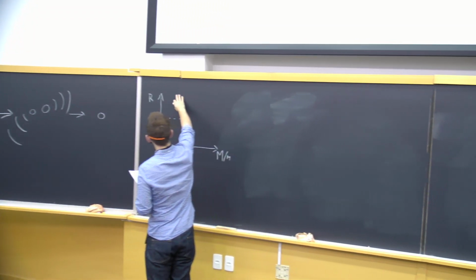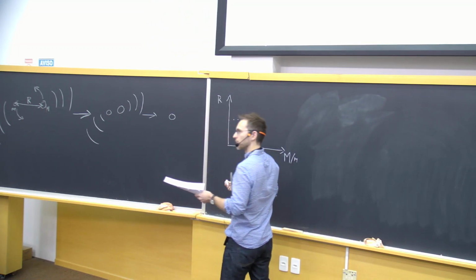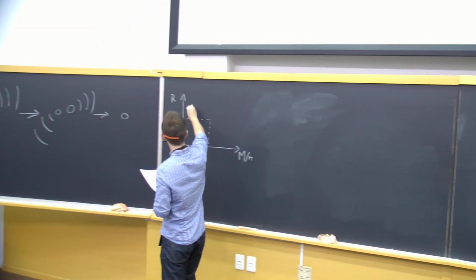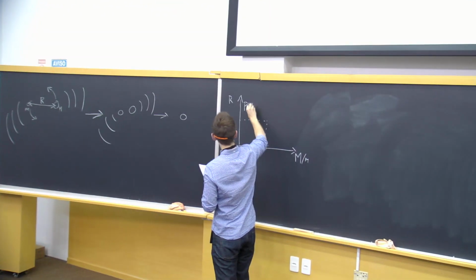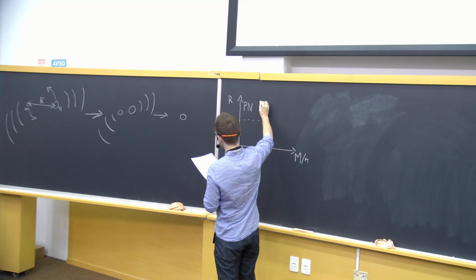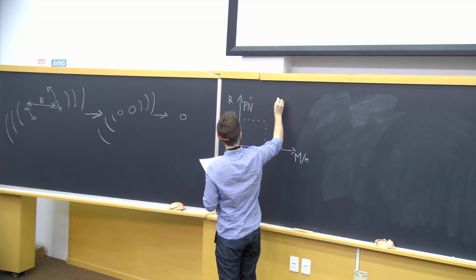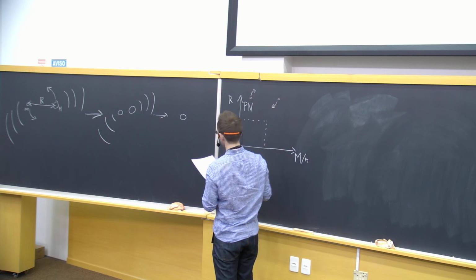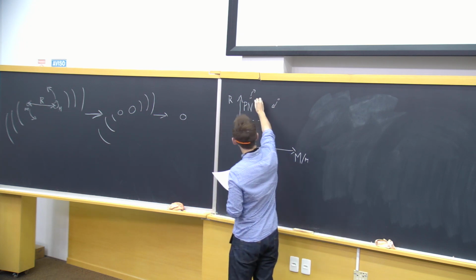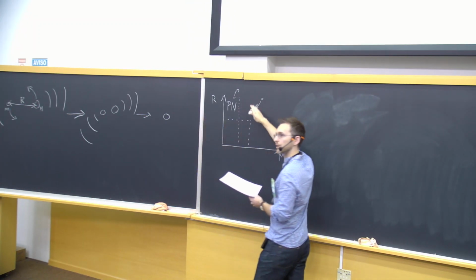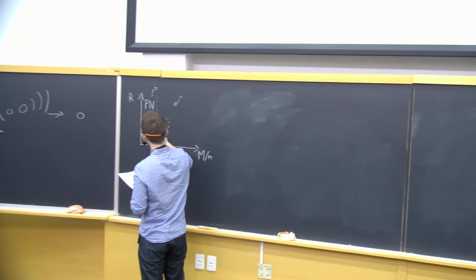So if the two objects are widely separated, then their mutual gravity is weak and they're moving very slowly, and that's where post-Newtonian theory works. So that was the subject of Luke's lecture. So here you have objects that are very widely separated, orbiting around each other. And then as they in-spiral, they move down on this plot into this region down here.